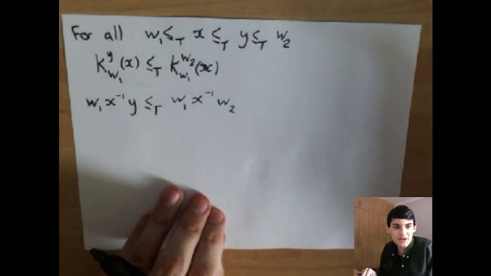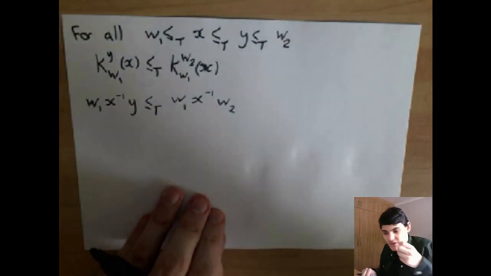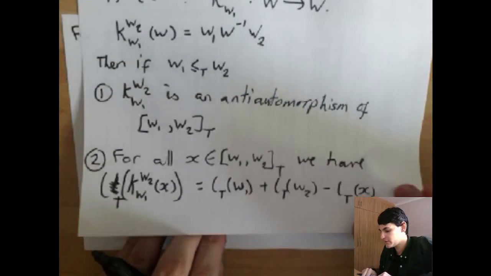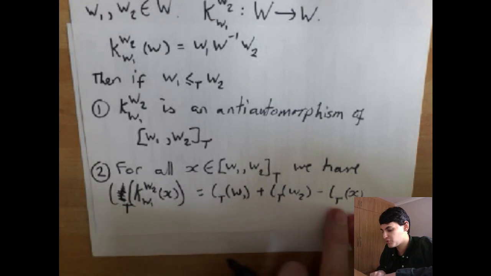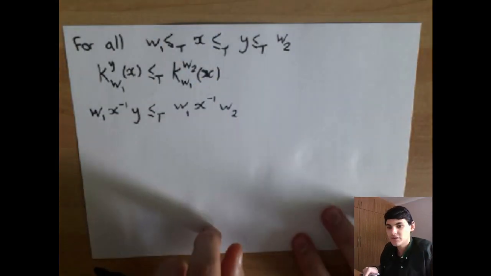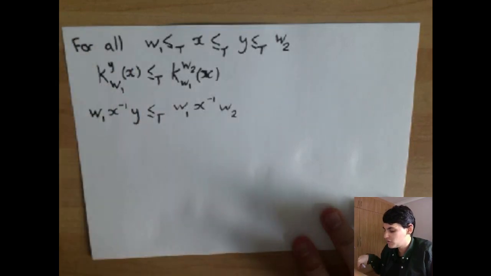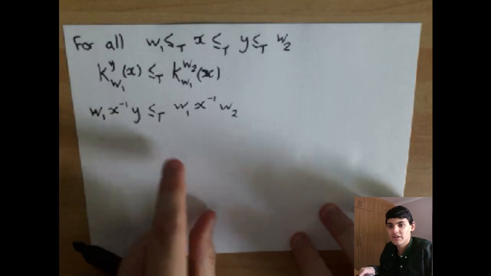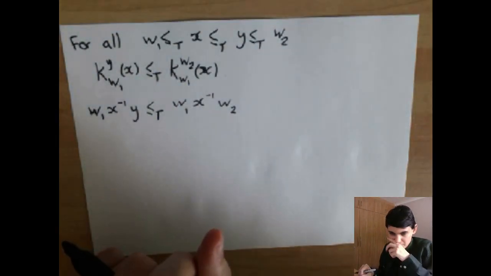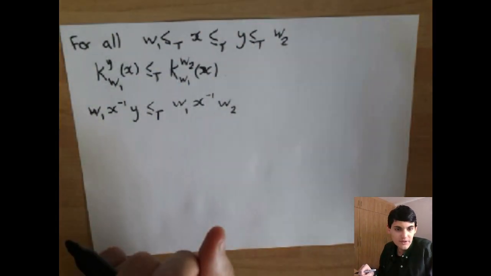The proof comes down to basically using this, because that's a property of the Carreras complement, and you can deduce that you do indeed have this.